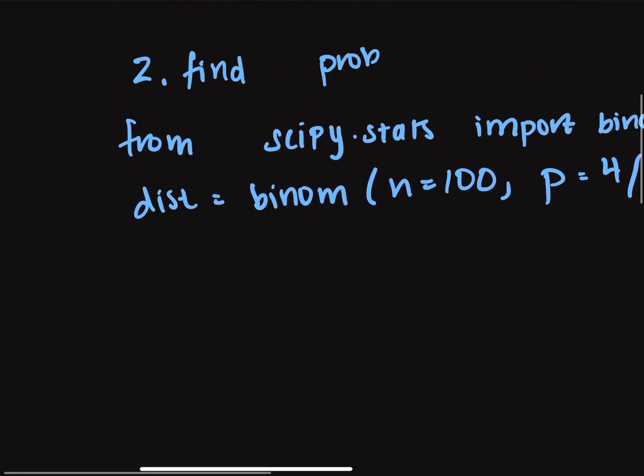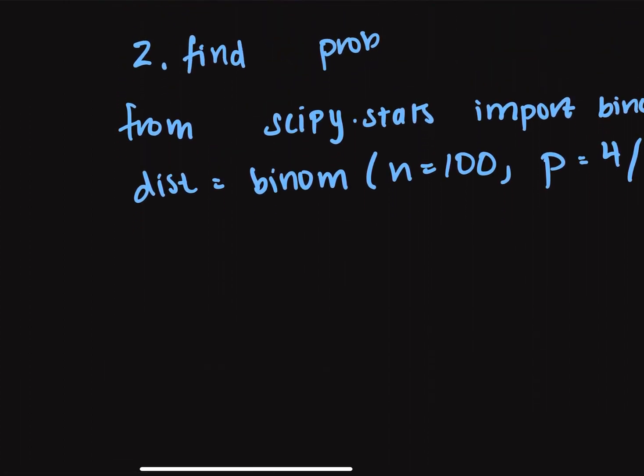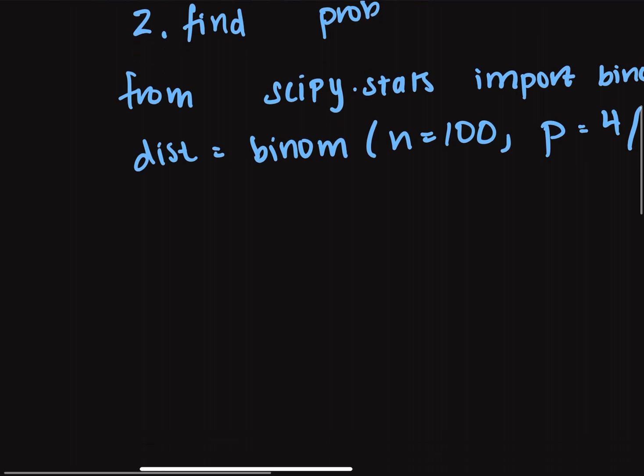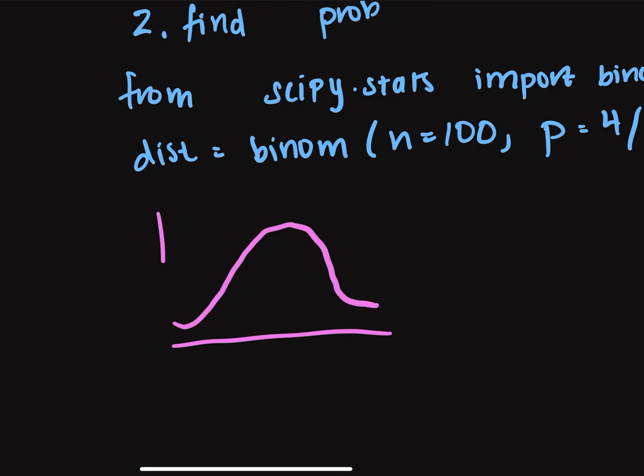Now that we have our distribution, we need to find our probability. How are we going to do that? Well, it's useful to take a look at what our distribution would look like. It could look like anything, but let's assume it looks something like this. Our y-axis is a probability, so it goes from 0 to 1. And our x is some value k, which is the number of queens.